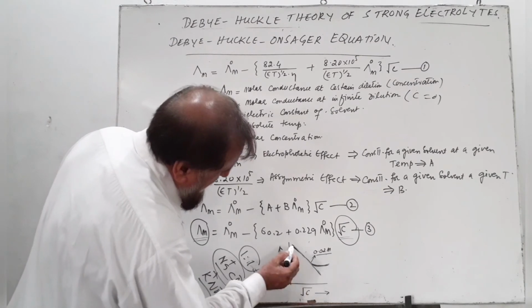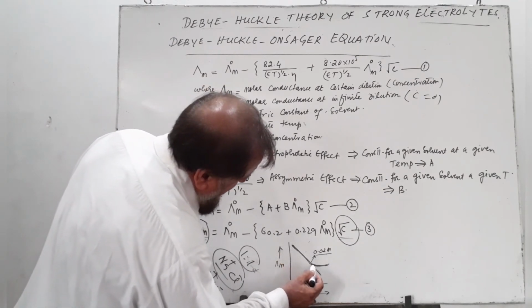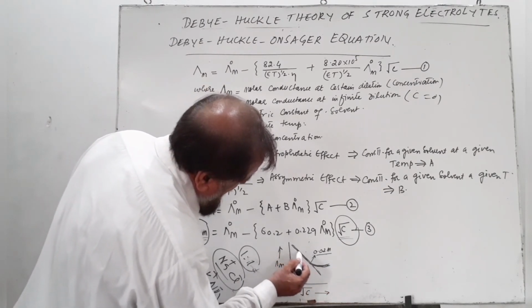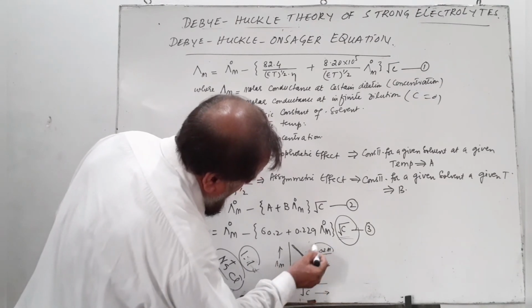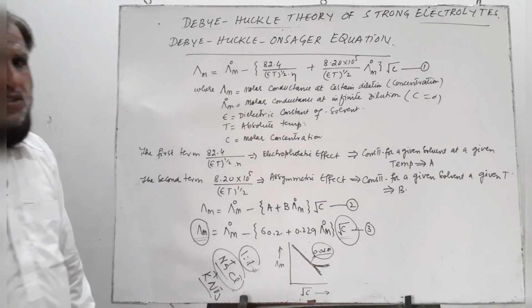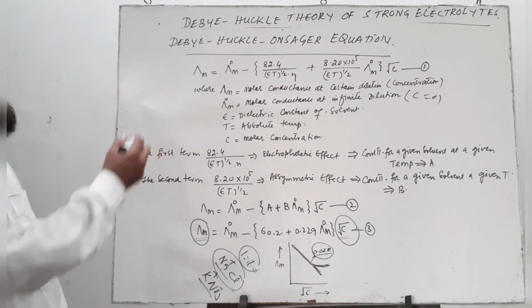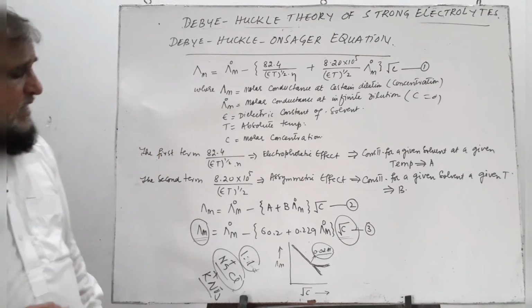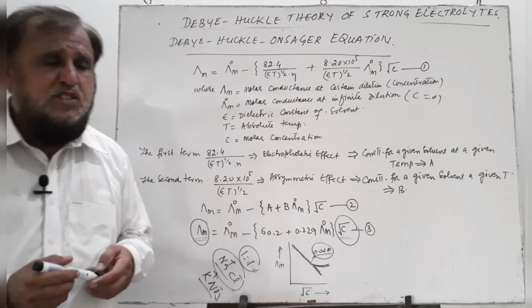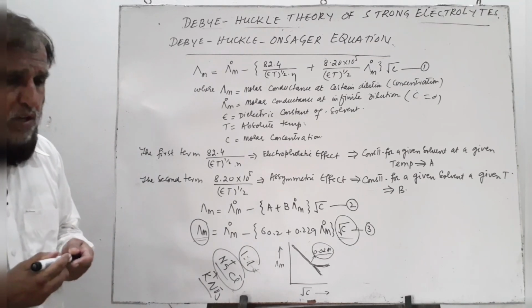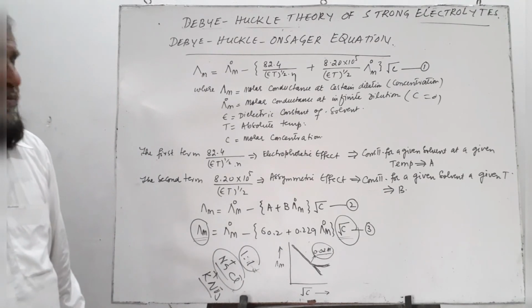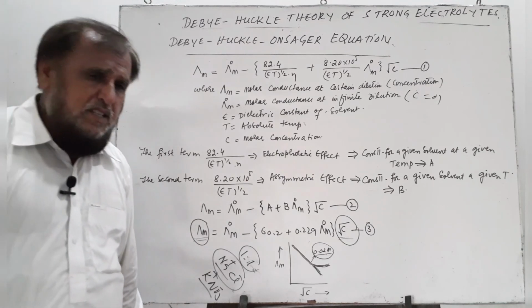However, it has been observed that this straight line curves, it deviates from the original trajectory, at a concentration larger than 0.02 molar. Thus, the Debye-Huckel-Onsager equation is applicable only up to a concentration limit of 0.02 molar and is violated beyond this concentration.